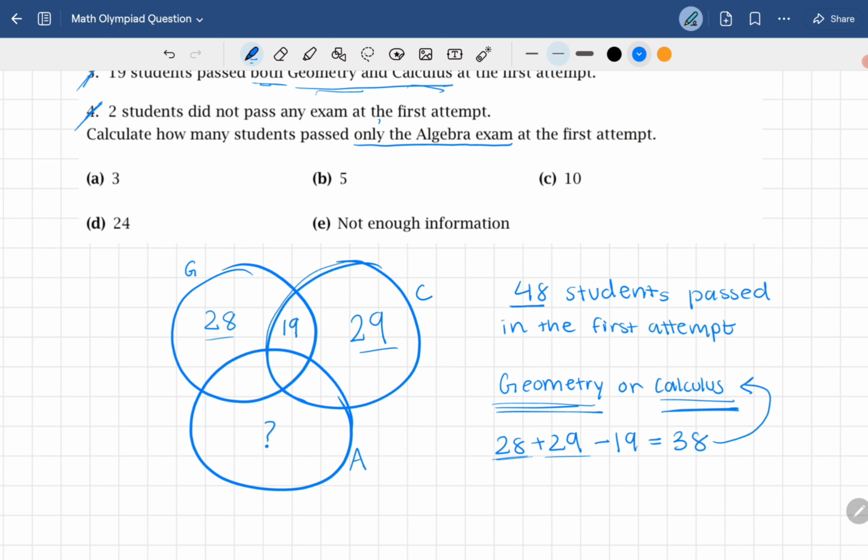Well, 48 students in total passed in the first attempt, excluding those two because those two are irrelevant, and we already know that 38 students passed geometry or calculus. That's basically considered the same category. What we're going to be left with is the number of students who passed algebra. Only algebra. Now, there are 10 students who passed only algebra.